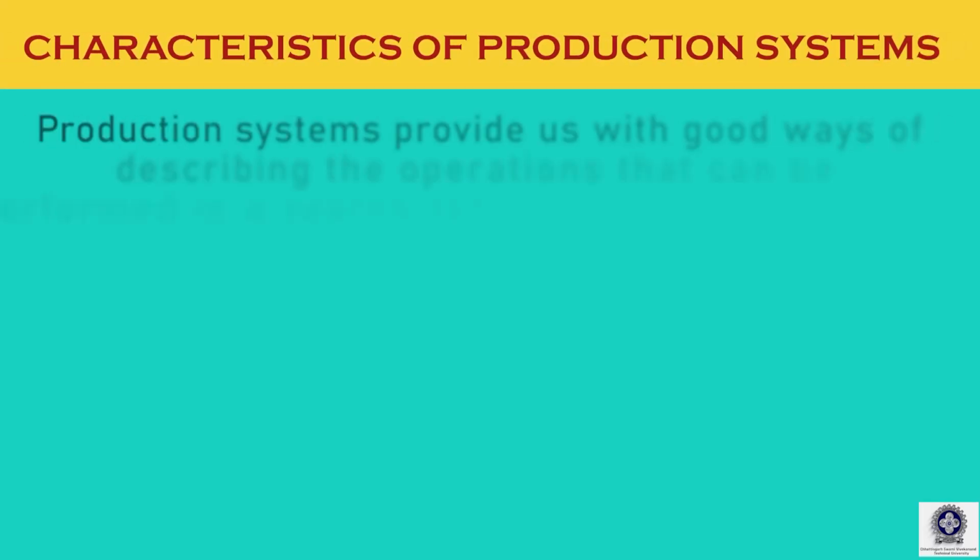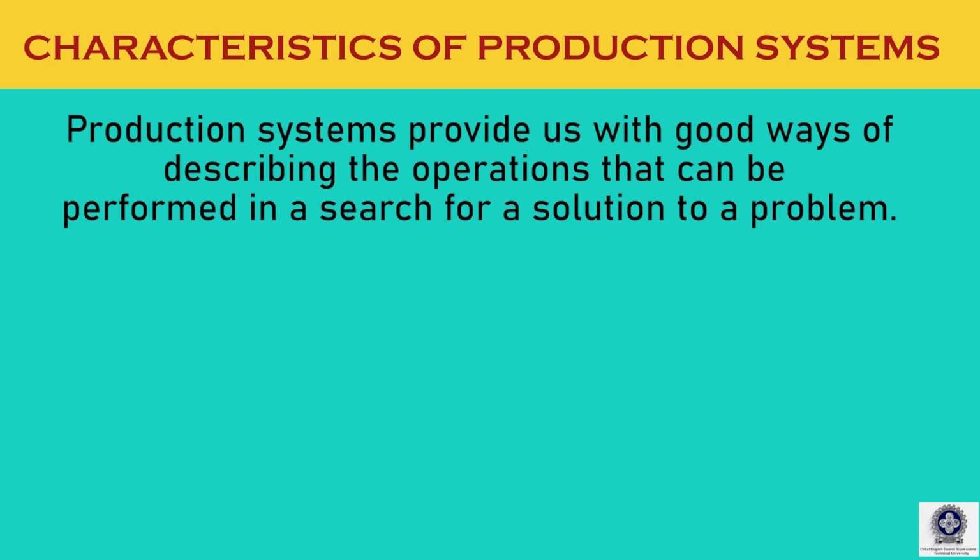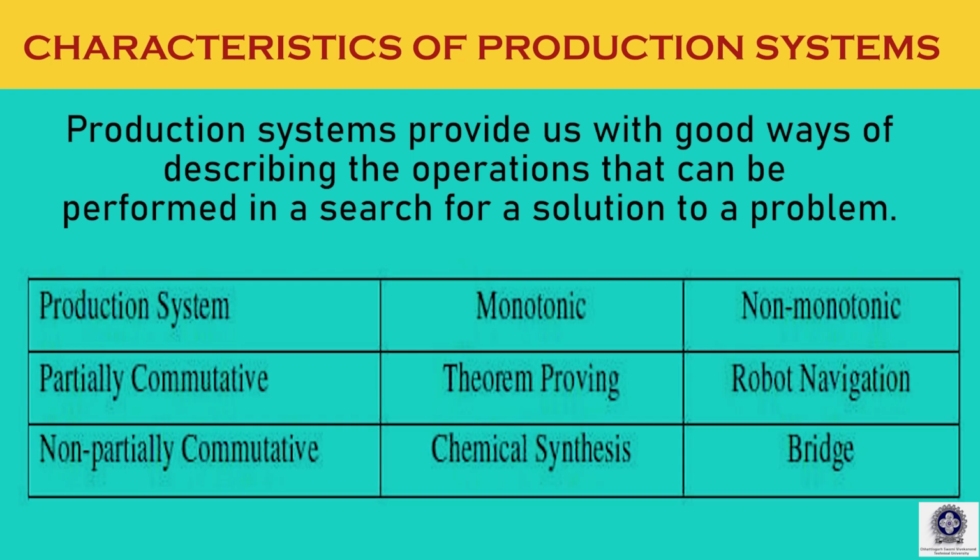Characteristics of production systems. Production systems provide us with good ways of describing the operations that can be performed in a search for a solution to a problem. We have categories of production systems: monotonic and non-monotonic, and partially commutative and non-partially commutative production systems. In a monotonic system, we can involve theorem proving.